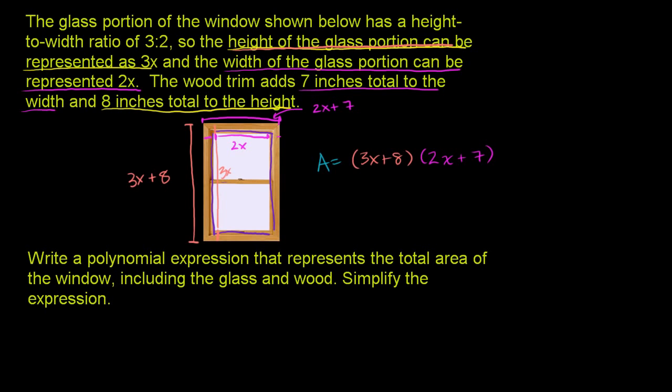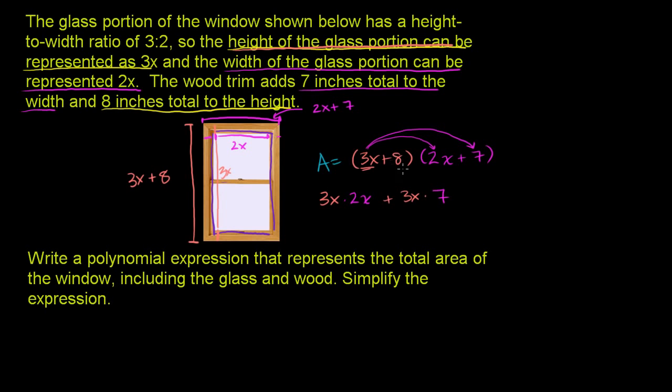The way you can think about it is you're doing the distributive property twice, essentially. Let's multiply 3x times 2x. That's multiplying it times that. Then you want to multiply 3x times 7, which is 21x. Let me write it this way, plus 3x times 7.